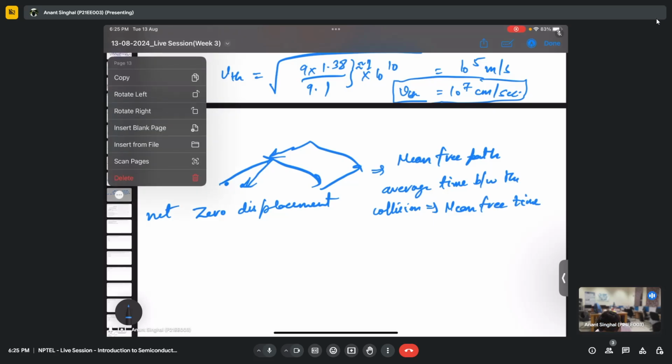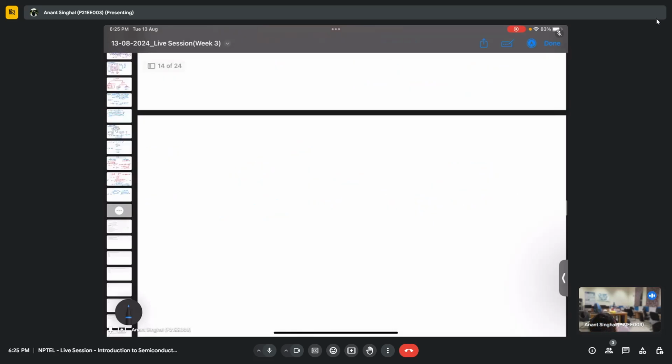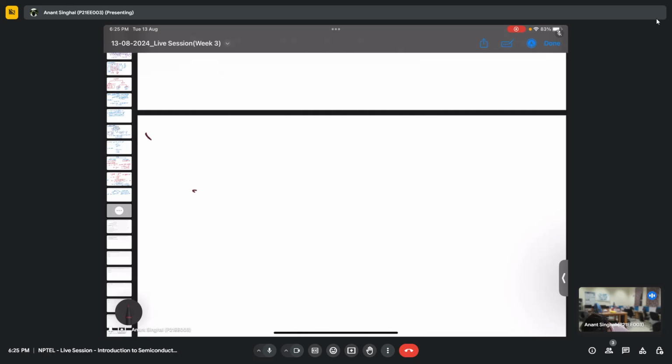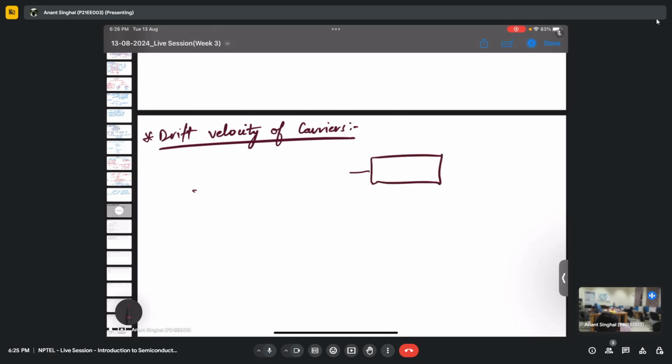Now if I talk about the drift velocity of charge carriers, which is again one of the most important topics in the whole course, as I said, the drift velocity is due to the electric field. Let's say again I have some voltage.